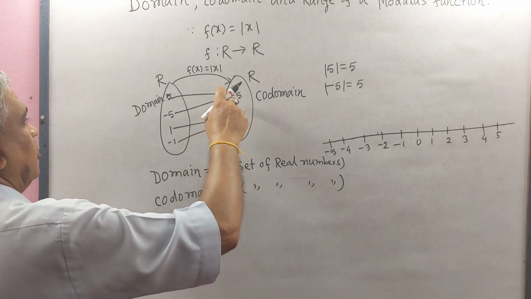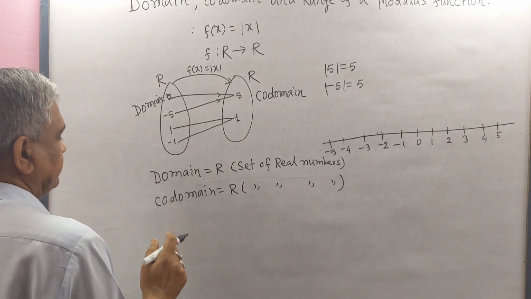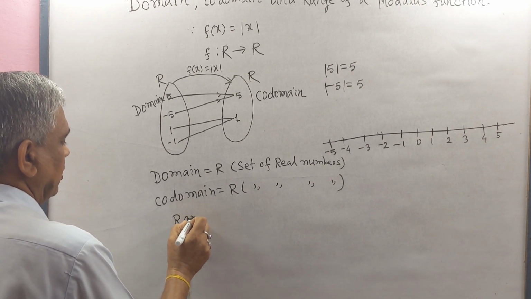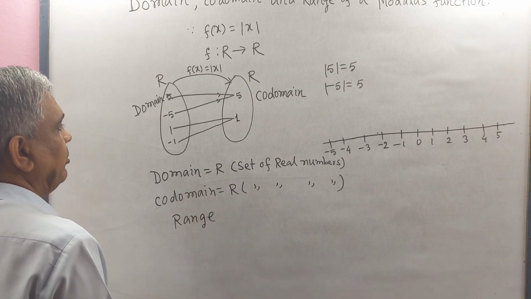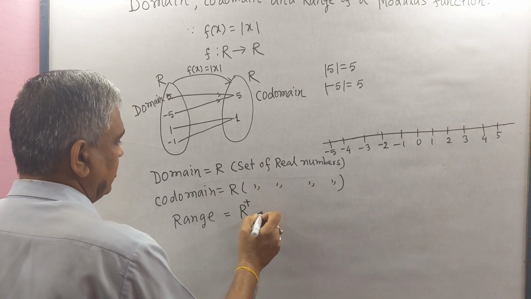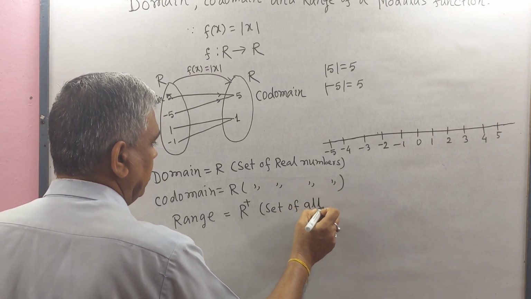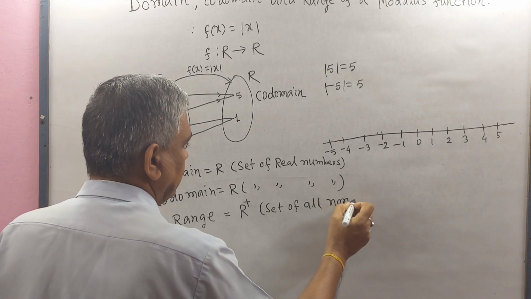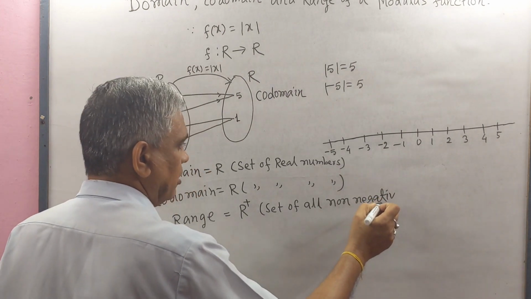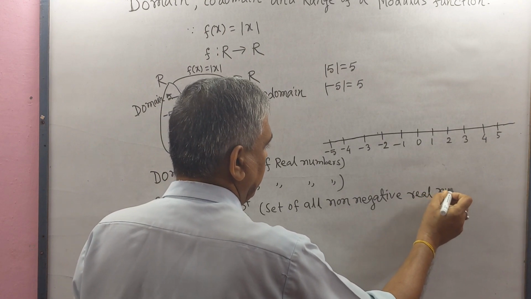So all images are non-negative. So the range is the set of all images, that is R plus, the set of all non-negative real numbers.